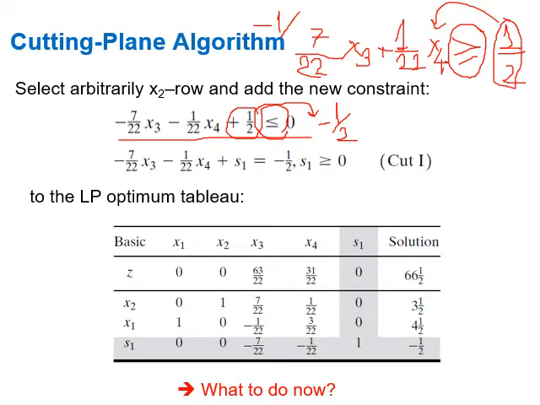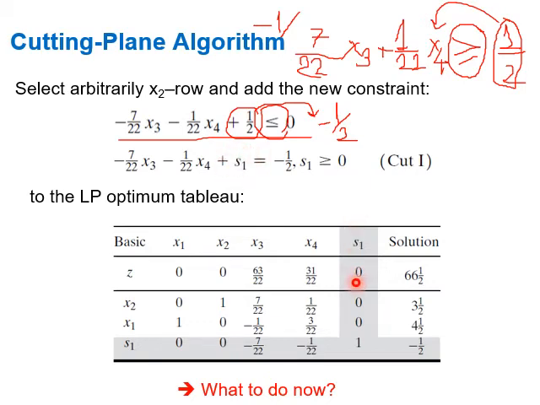What does it mean? Including a new constraint in the optimal simplex tableau requires one additional row. Initially we have these 3 rows, and now I have included a new row and one additional column, because I added a new variable to the problem.